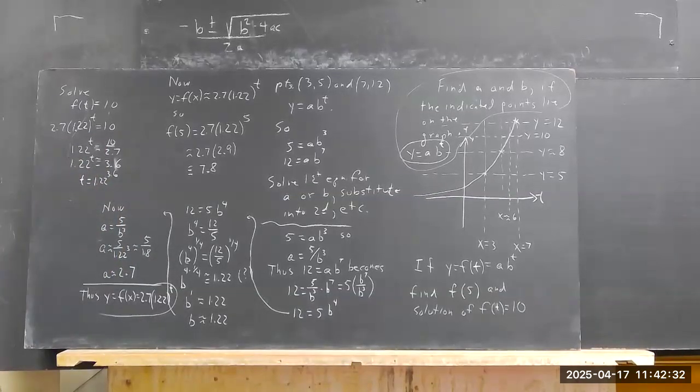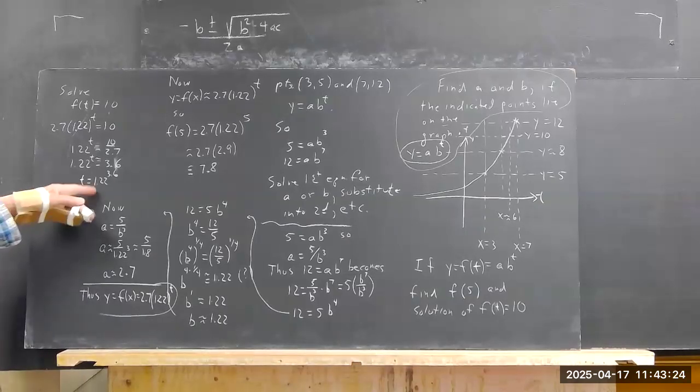1.22 to the 3.6. And 1.22 cubed, we figured about 1.8, 1.22 to the fourth is, the working memory's failing me, about 2.4. That's not coming out real well, probably because my brain's not working.